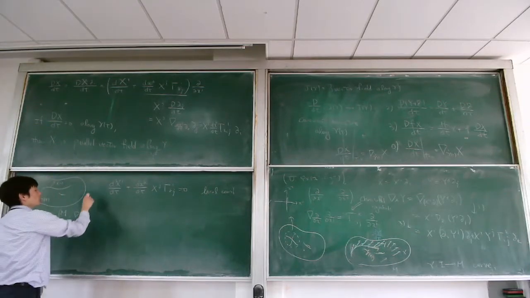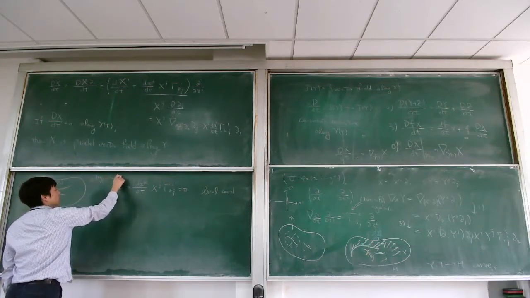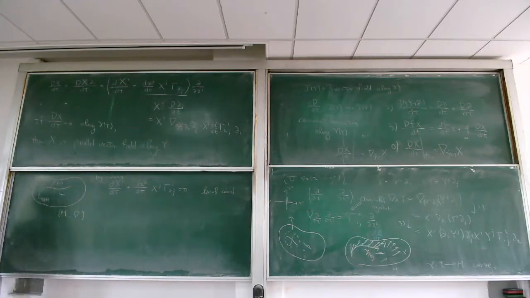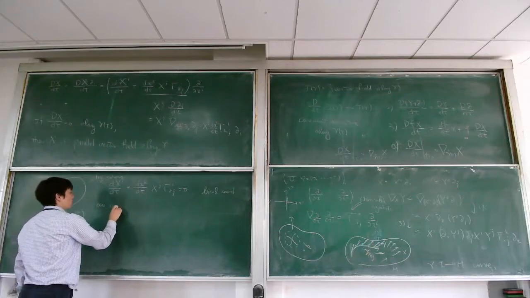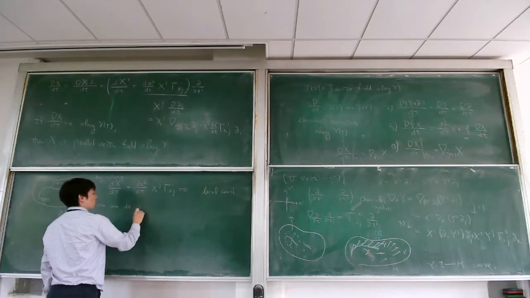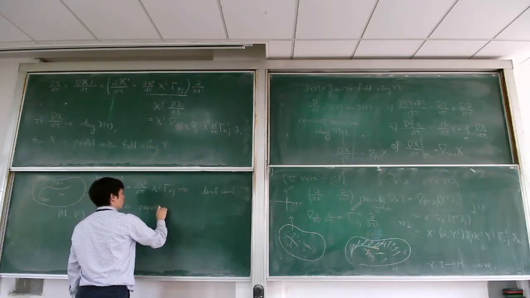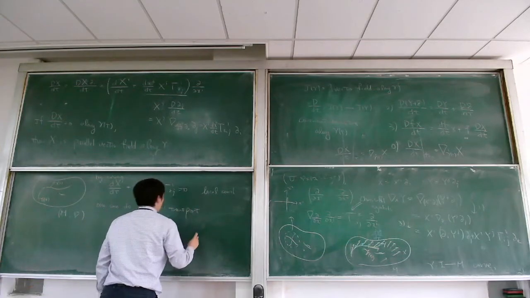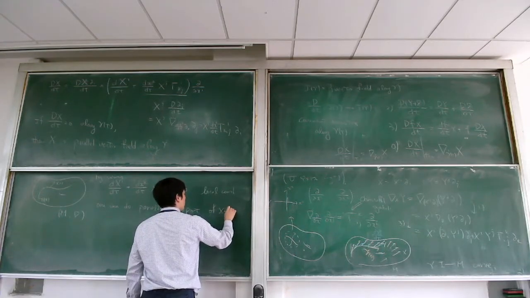By solving this first order set of ordinary differential equations, one can do parallel transport of X0 along gamma.